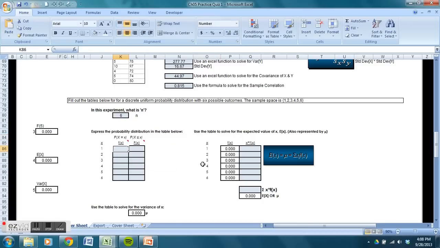So the probability that x equals 1, uniform distribution. First thing you know when it's uniform distributions, everything has the same probability. So the probability of any given thing is just 1 divided by the number of total possible outcomes.